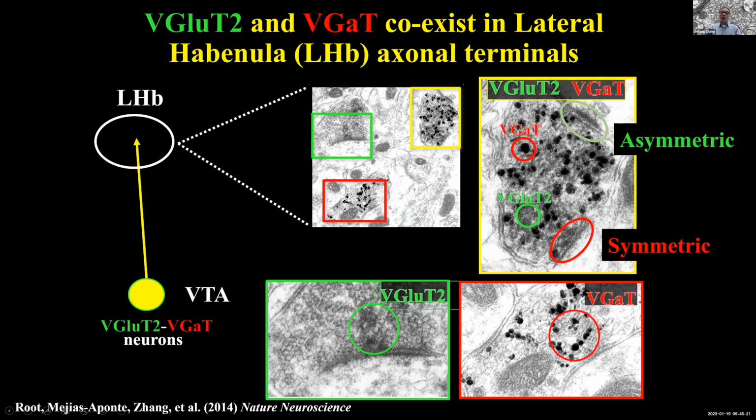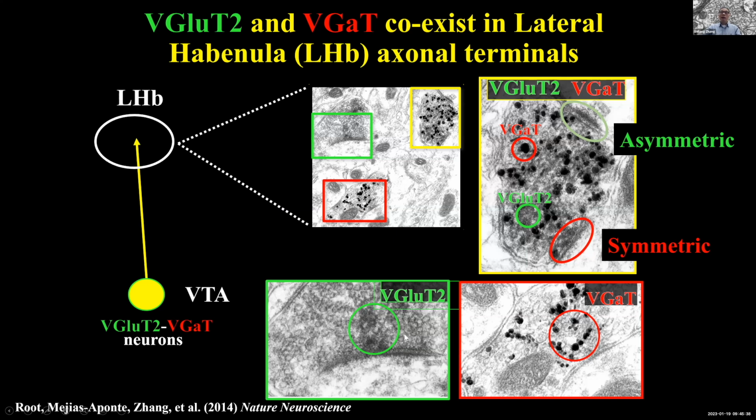TEM, we did a double immunolabeling. As you can see, the DAB staining is seen as dark diffuse material, and we also use gold particles to detect another molecule.